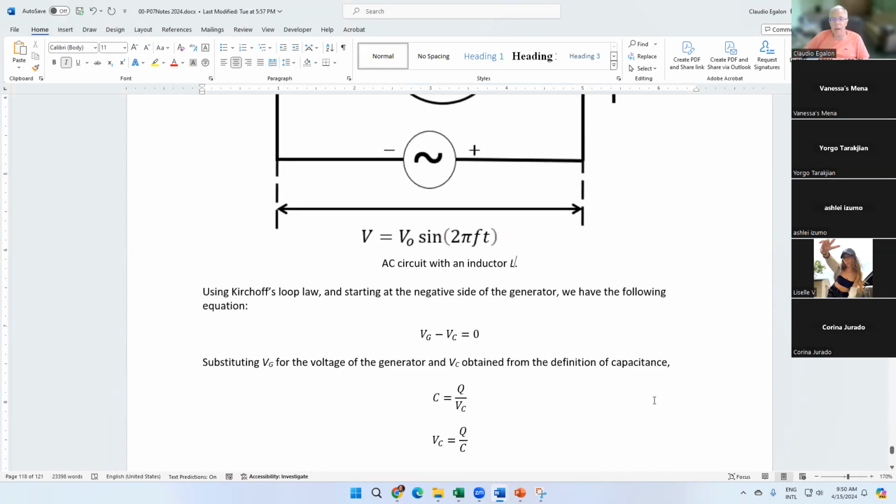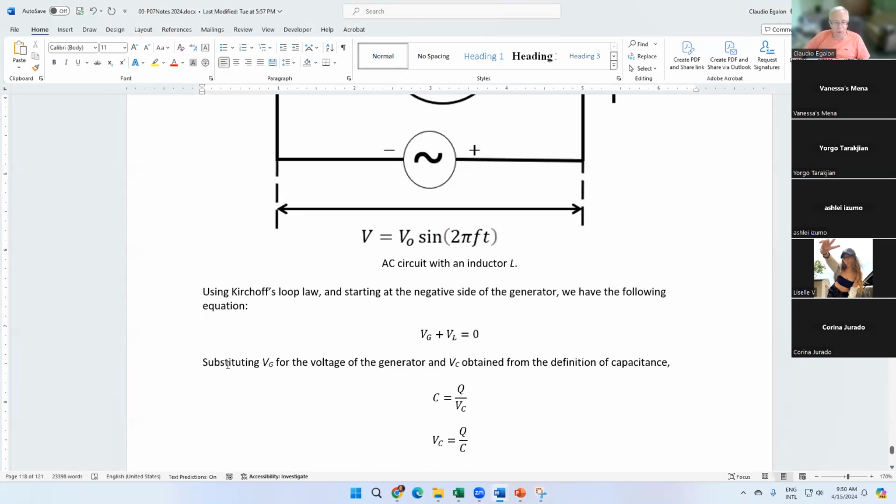Using Kirchhoff's loop law and starting from the negative of the generator, we have the following equation. Doesn't change anything, right? But instead of V of the capacitor, we're going to have V of the inductor. But in this case, the V of the inductor shouldn't be negative, but should be positive.